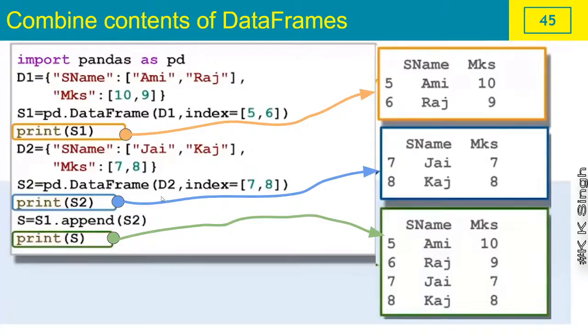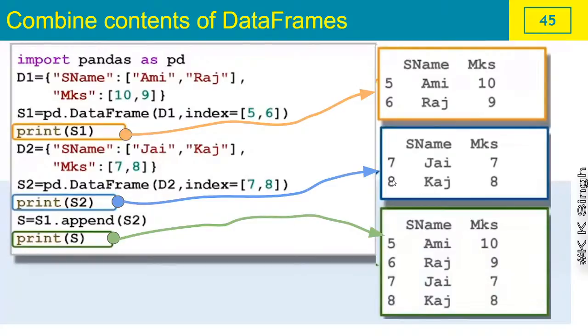If you print S2, you'll get S name J and MKS 7, S name Kaj and marks 8, and indexes we have mentioned 7 and 8. In the first data frame we have 5 and 6 indexes, and in the next data frame we have 7 and 8 indexes.